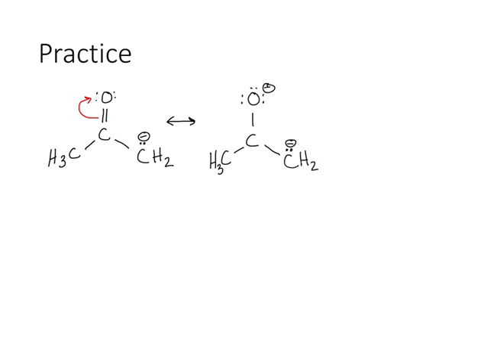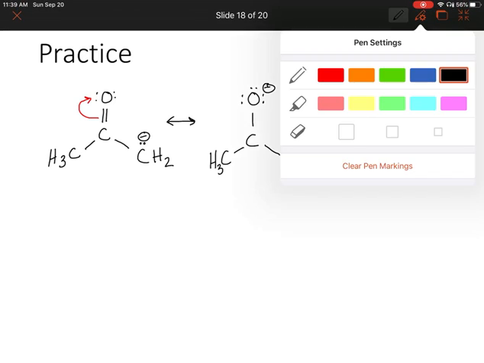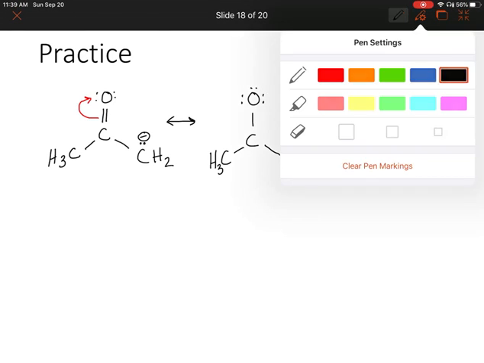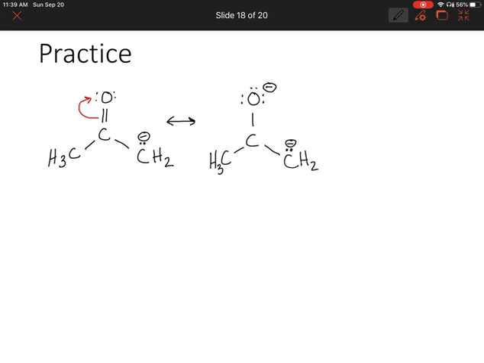All right, so when we moved the pi electrons up onto oxygen, that oxygen became negatively charged. And actually, let me redraw that because it looks kind of like a positive charge. There we go. So carbon in the middle has only 3 bonds. So that means it is positively charged. It's missing some electrons.